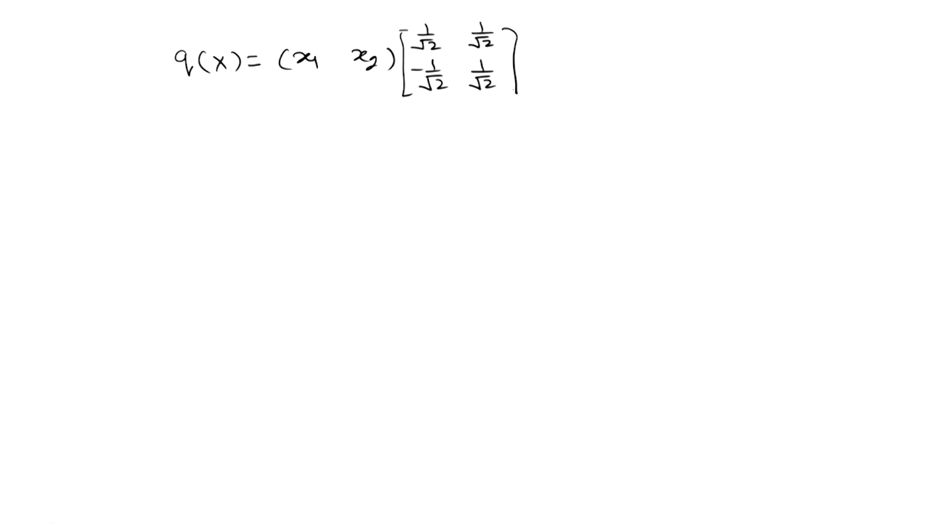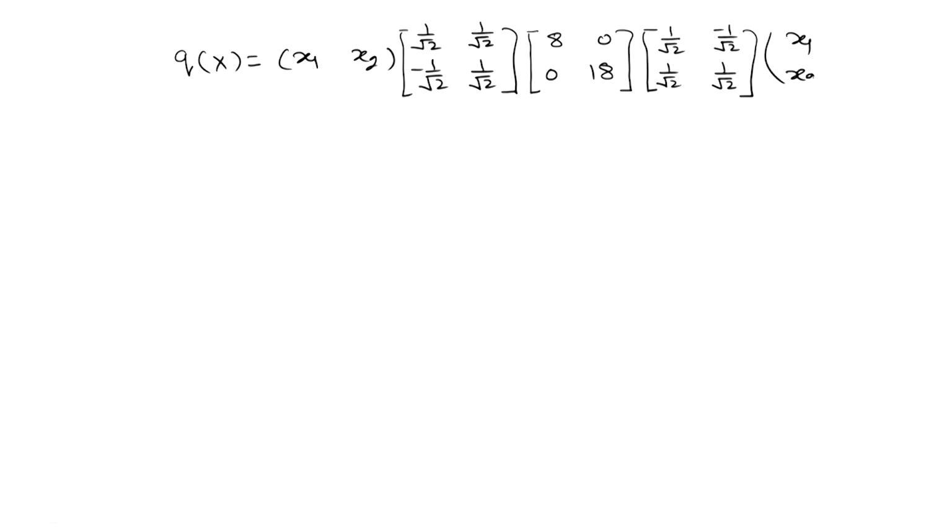Then I have matrix D, 8 0 0 18, and then I have Q transpose, which is 1 by root 2, minus 1 by root 2, 1 by root 2 and 1 by root 2, into x1 x2.